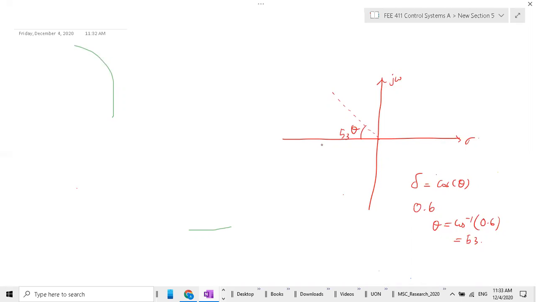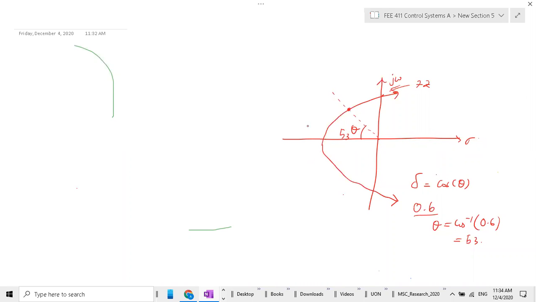So let's say your root locus passes like this. And remember, root locus is actually the roots as we are varying K. So the whole of this point is K, K, K, K, K, K, K. At this point, remember in the previous example, we got this K as 72. So you can be told for a damping ratio of 0.6, find the value of K. So you need to find this value here.